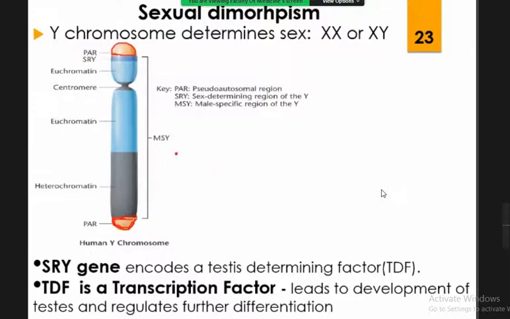Our bigger interest in the male-specific region is on a small region here, what we call the SRY region. So SRY is a sex-determining region on Y. What they mean is sex-determining region on the Y chromosome. And SRY is a gene that specifically encodes for a testis determining factor.